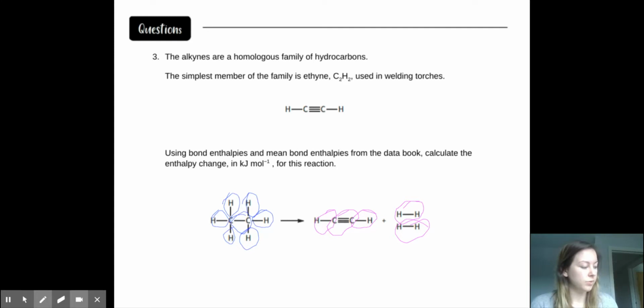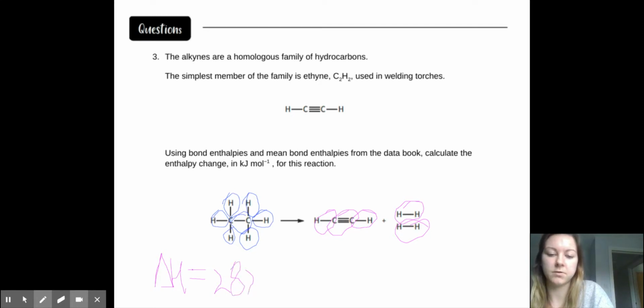And then we add our hydrogen to hydrogen, which is 436 times 2. Remember, all of these values are negative. We end up with minus 2,534.